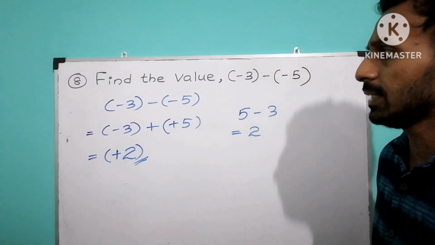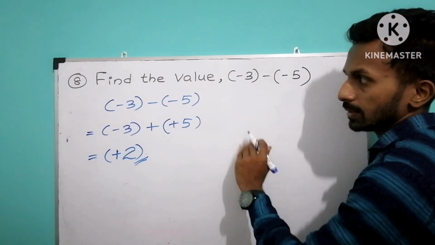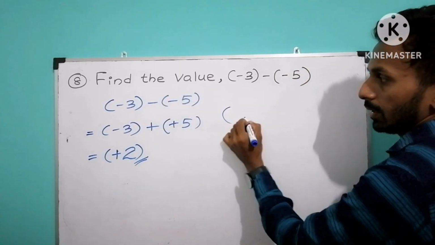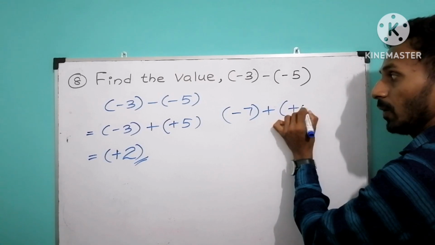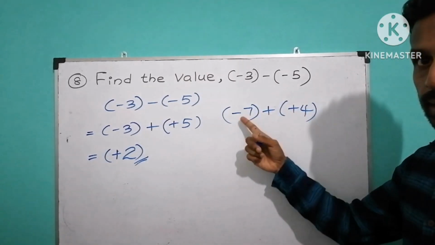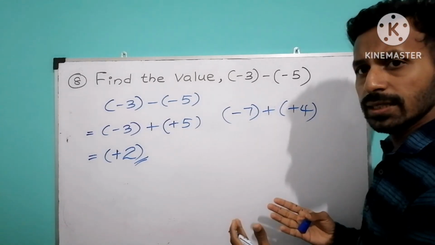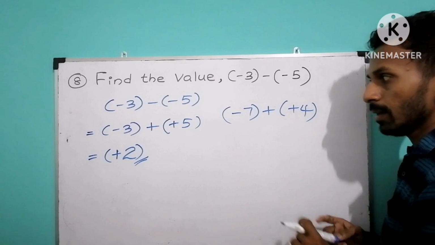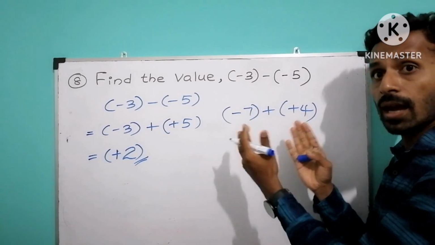I will take another example, a question with addition. Here minus 7 plus 4. Here we need not change the sign because it is addition. Then check the signs. Here minus, here plus. Signs are different.